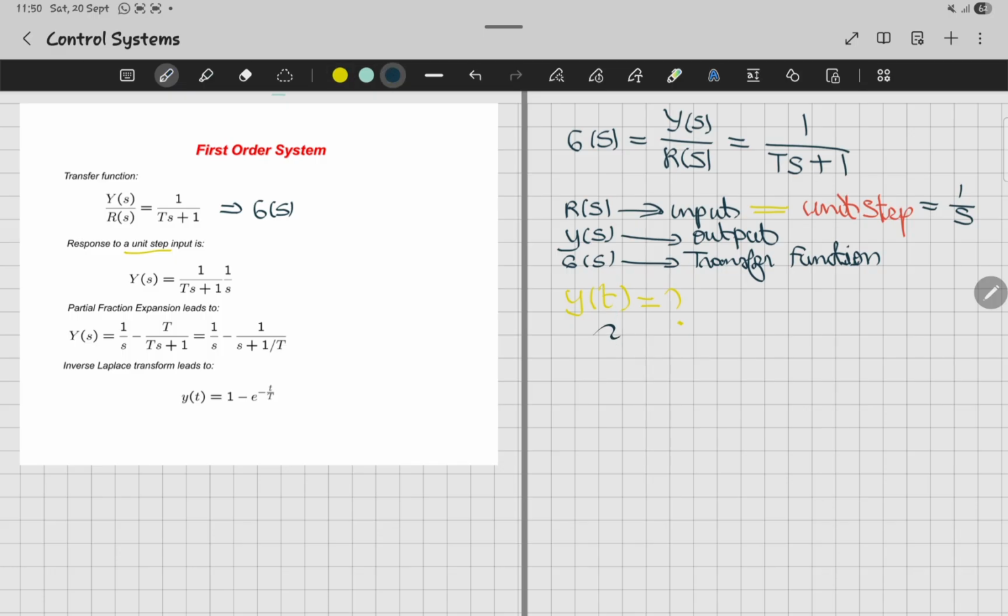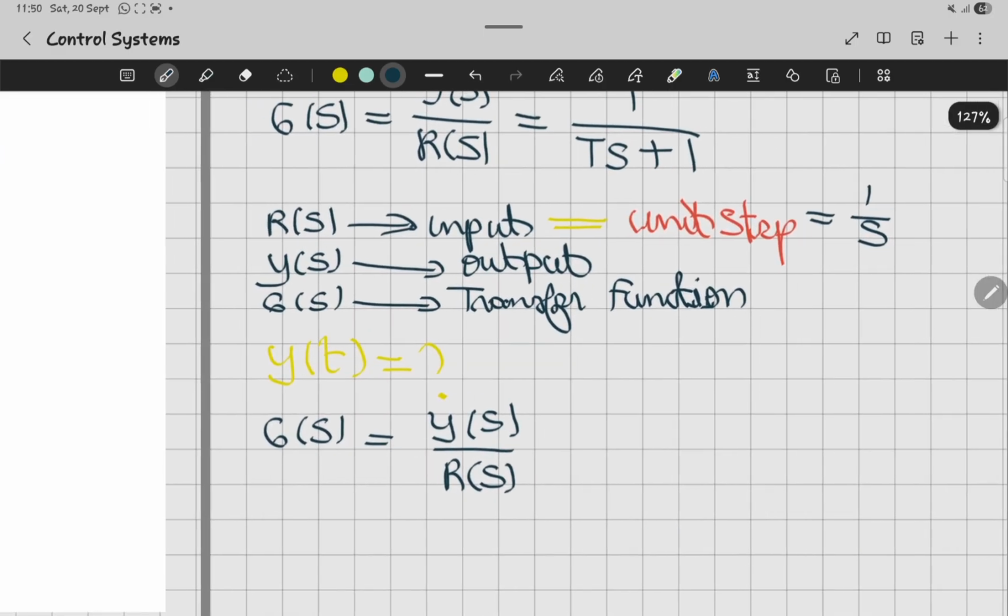So first let's solve for the output, and we know this is what we have. I'm going to zoom in, and then if I have to solve for the output, I'll get something like this. We're going to multiply both sides by Rs, so this one is going to cancel out.